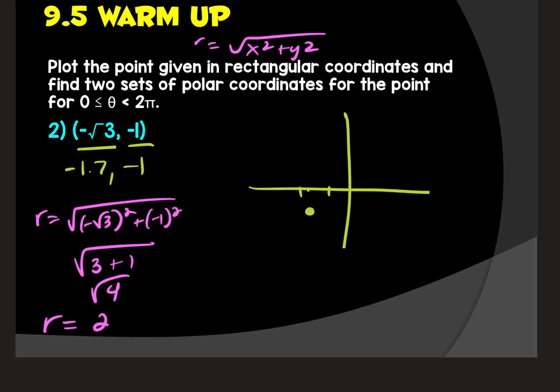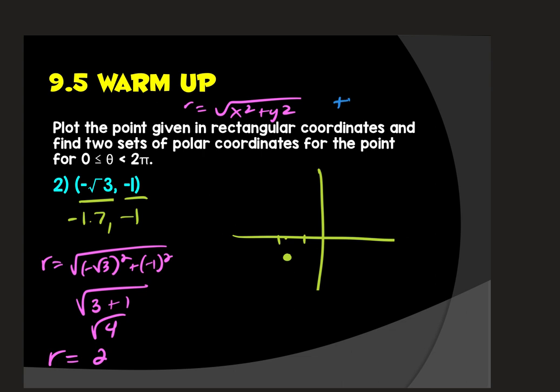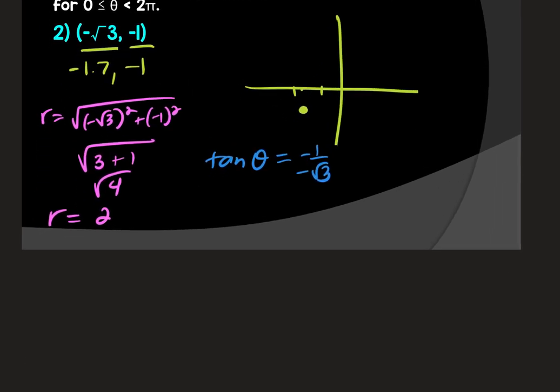And then I want to find theta. And tan theta equals y over x. We inverse tan it after we simplify it, and then we pick, because there will be 2 answers, we pick the one where the original point lies. So tan of theta equals -1 over -√3. And that reduces to 1 over root 3. And all the coordinate points we know for tangent are already rationalized, so I would rationalize that, or understand that it's the same thing. And I get root 3 over 3.